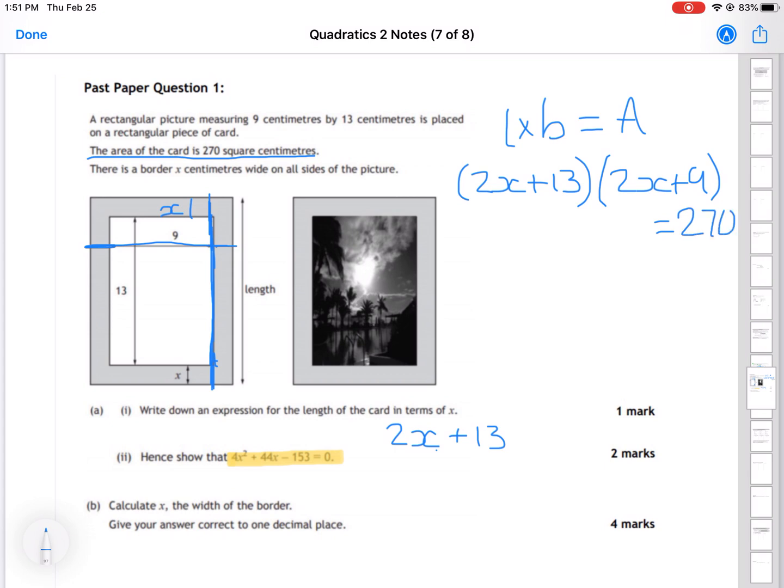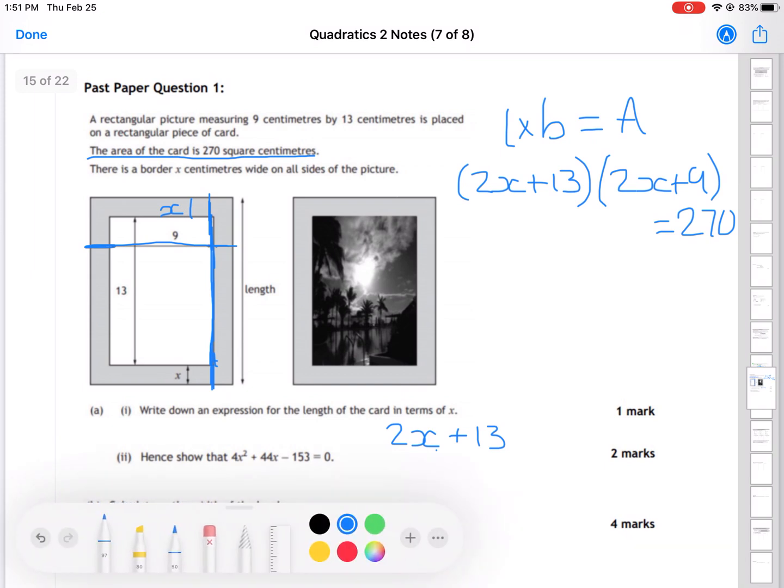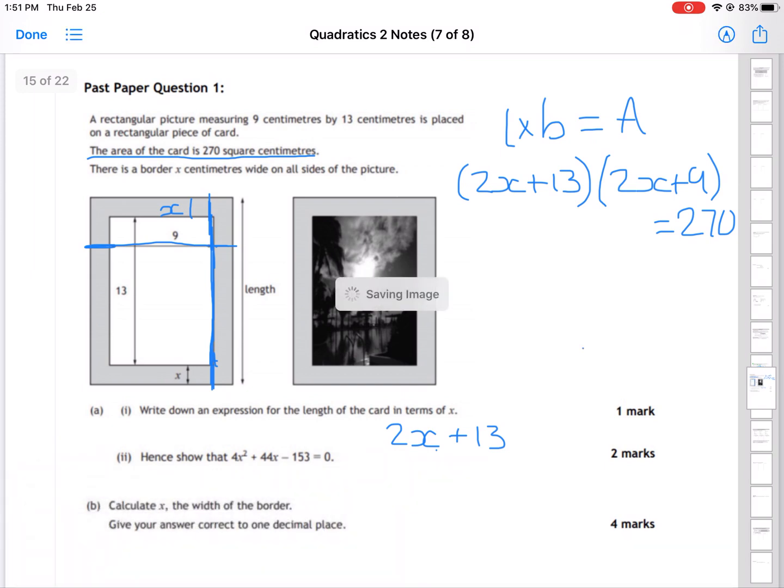So we're going to have to multiply out these brackets and then rearrange to try and create the equation in part 2 of question A.